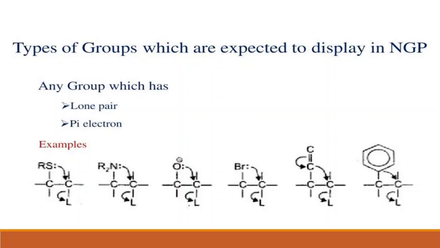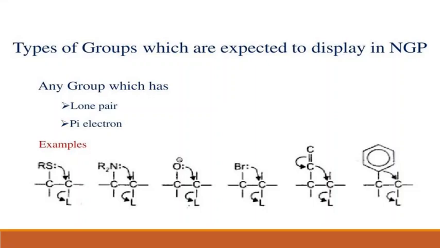It is important to note the groups that have electron richness, that means they have extra electrons to give, that means lone pair of electrons or pi electrons. We know that pi electrons are easily polarizable, so these electrons can be donated easily. Therefore these types of groups can act as neighboring groups in the SN1 process.